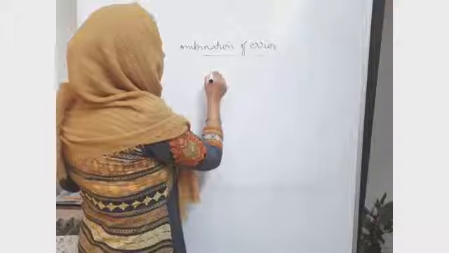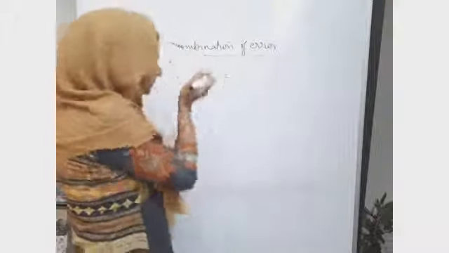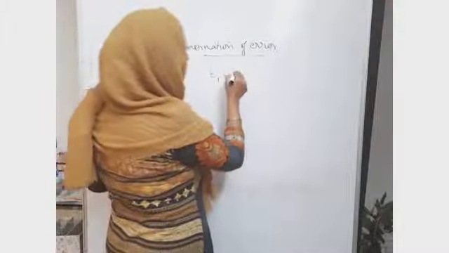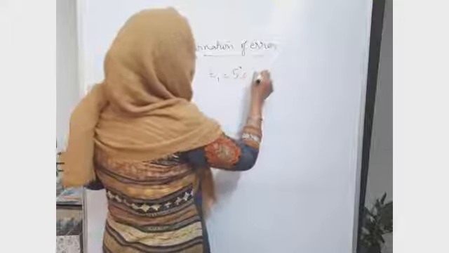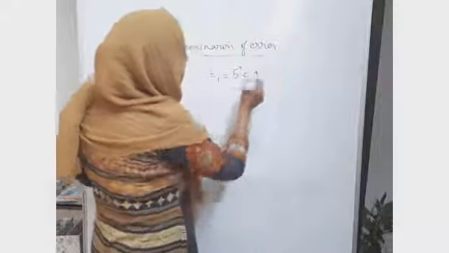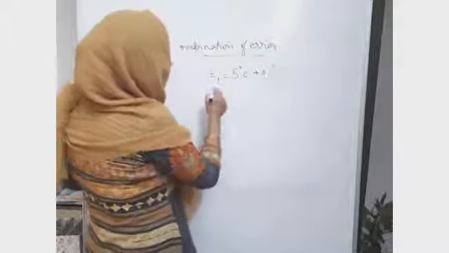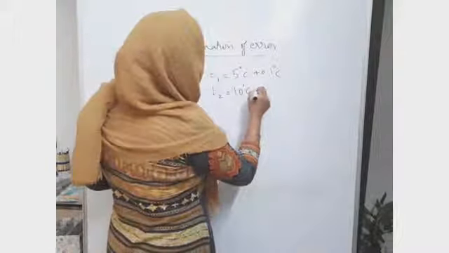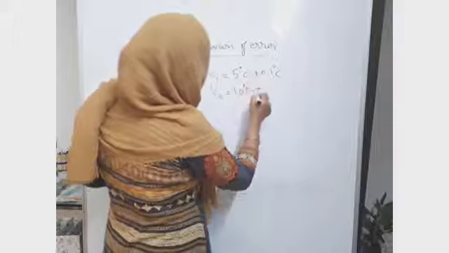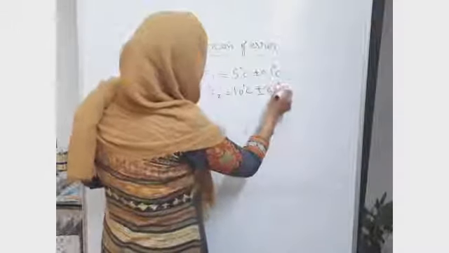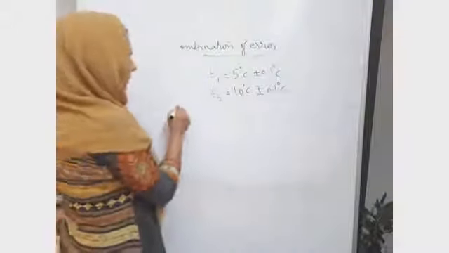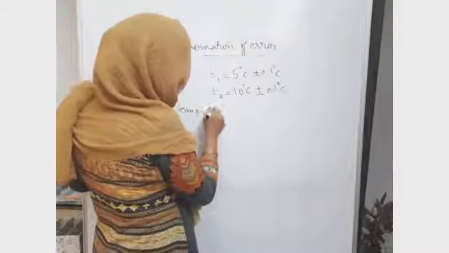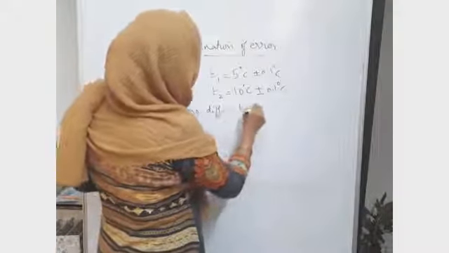Say T1 is equal to 5 degrees Celsius plus or minus 0.1 degrees Celsius, and T2 is equal to 10 degrees Celsius plus or minus 0.1 degrees Celsius. How will you find out the temperature difference? Temperature difference is equal to T2 minus T1.